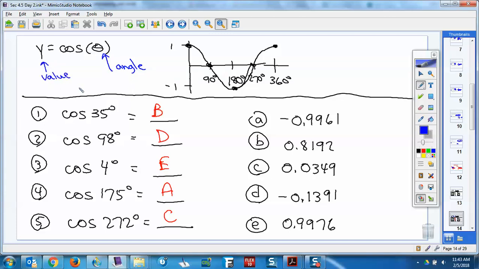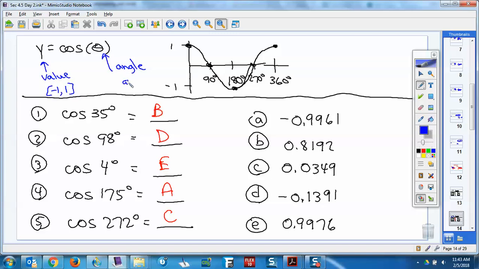Now it's kind of weird to call that a value because any number's a value. 90 degrees could be considered a value, the value of that angle. But I want to think of the value of the function, and that has to be between -1 and 1. And the angle can be anything.